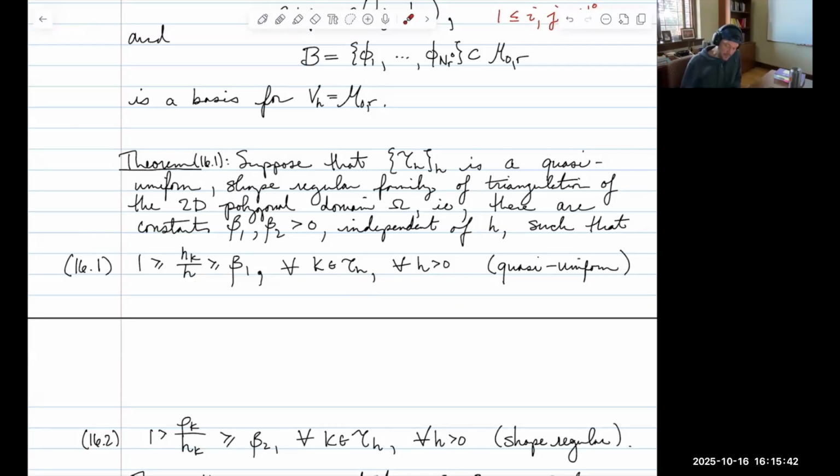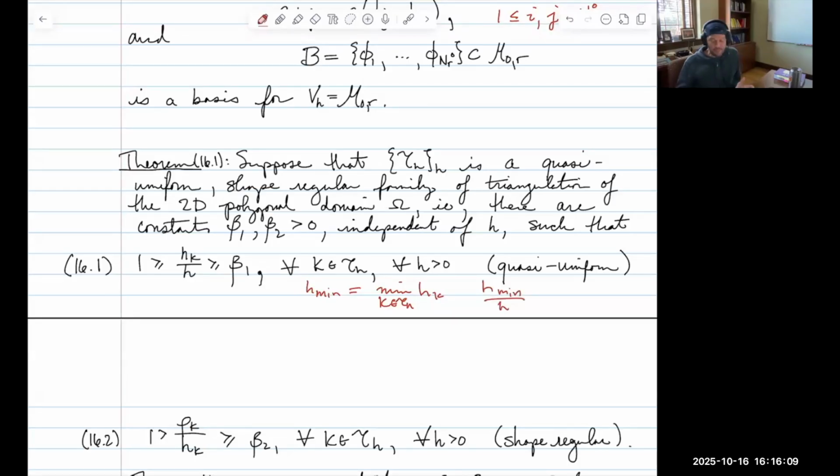Now, another way I could put it is if I take the ratio of the minimum h, where h min means take the min over all triangles in the mesh, and then look at h min over h.